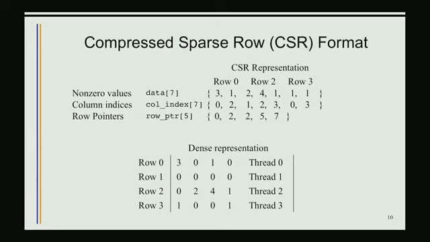We've got 4 rows, so I need to know where this one starts and where this one stops, where this one starts and this one stops, and so on and so forth. Okay, row 0 starts here and ends here. That is, it starts at the element 3 and ends at the element 1.